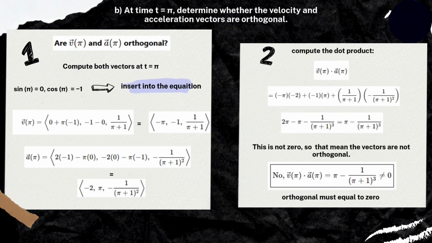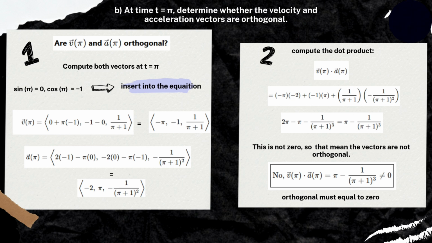For question B, at time t equal to pi, determine whether the velocity and acceleration vectors are orthogonal. So are v and a orthogonal? We need to compute both vectors at t equal to pi, which means we change all values of t in the functions into pi.